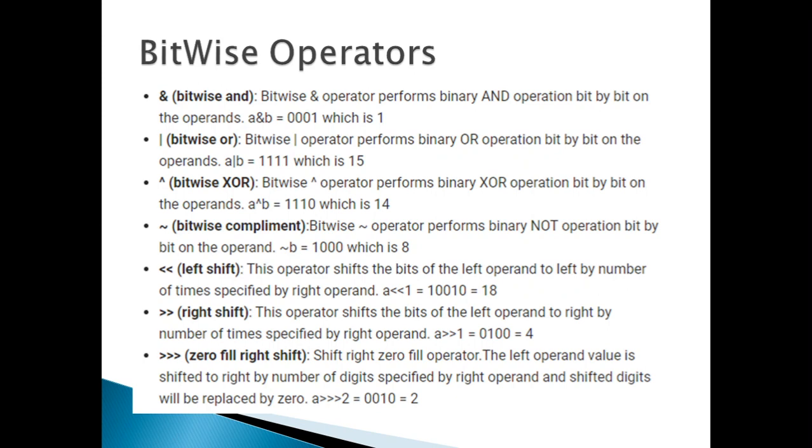If you have binary digits, a left shift will shift every bit one place to the left, and a right shift will shift every bit to the right side. So the last one will come first, but here the first one will go to last. And you have a zero fill right shift.